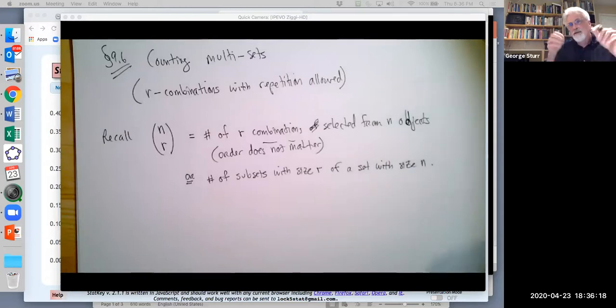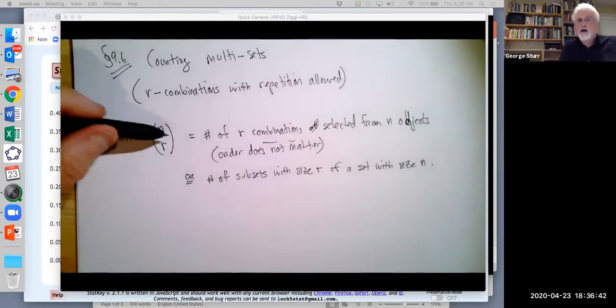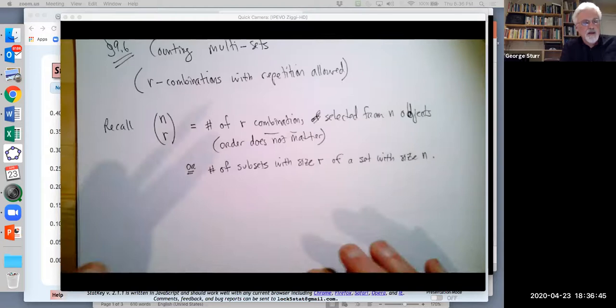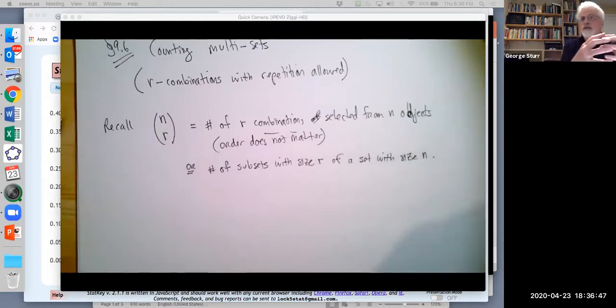When you write down a set like set A, B, C, it'd be the same thing as C, B, A, because we don't care about the ordering of a set, recall? So I can use set language in here if I wanted to. I'm doing this on purpose. Because now I want to go beyond this and say, that's what a combination is about. It's how many subsets of a particular size I can pull out of a larger set, size n.